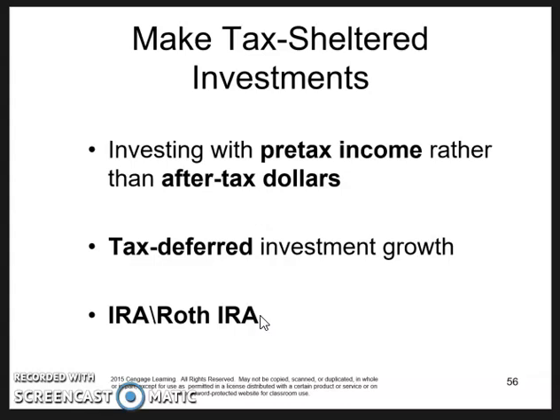Roth IRA is different. With a Roth IRA, you invest on an after-tax basis, and all the income on that Roth IRA is exempt from taxes in the future. So both can be a good deal. It just depends on your situation as to which is the best.